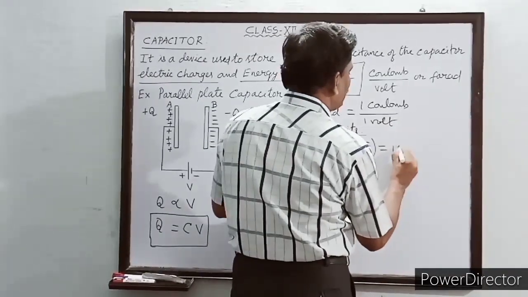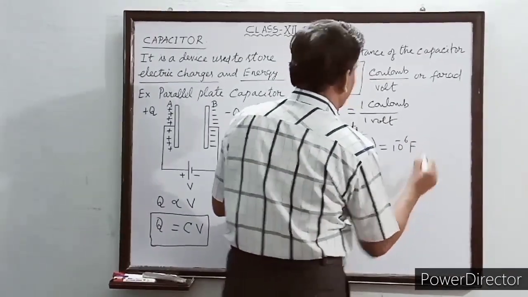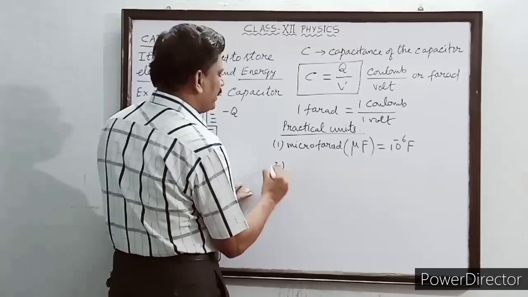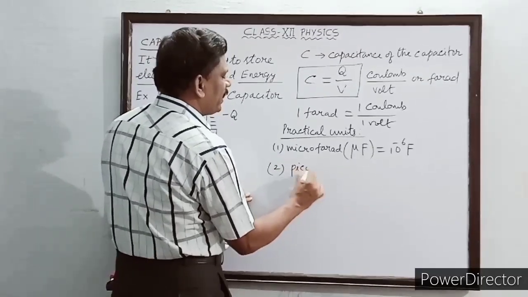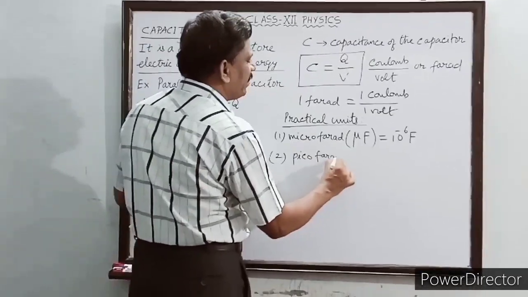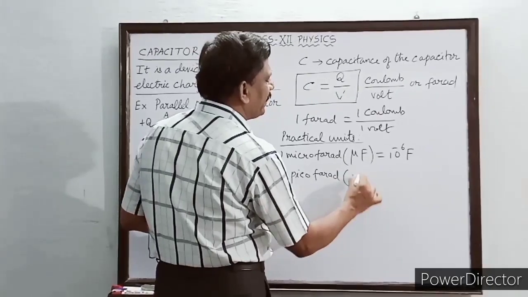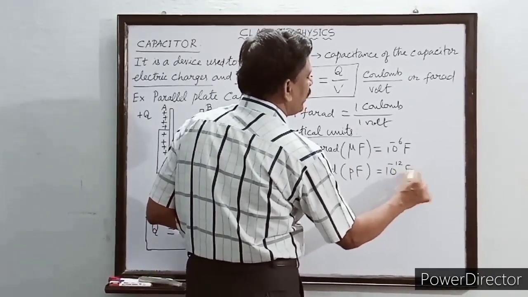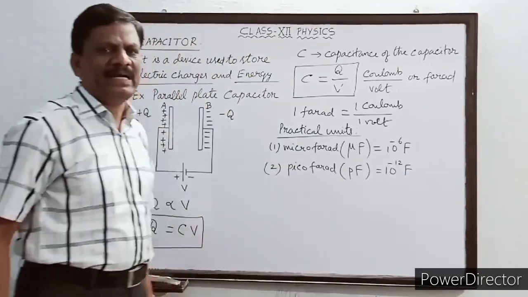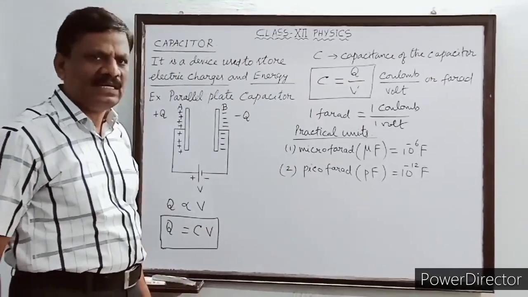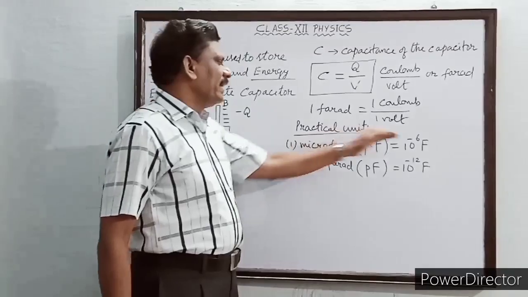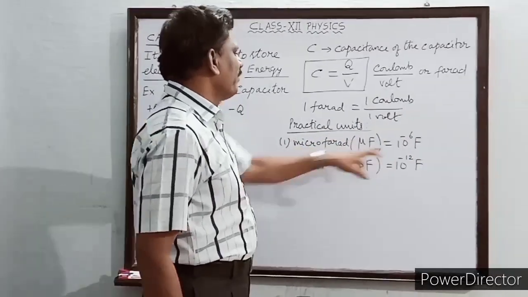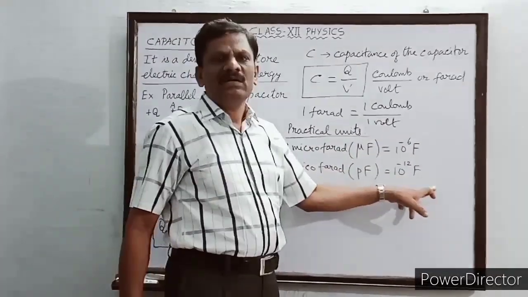So microfarad is equal to 10 power minus 6 farad. And the second one is the picofarad, with small p and capital F, and that is equal to 10 power minus 12 farad. Understand? So the practical units are microfarad and picofarad.